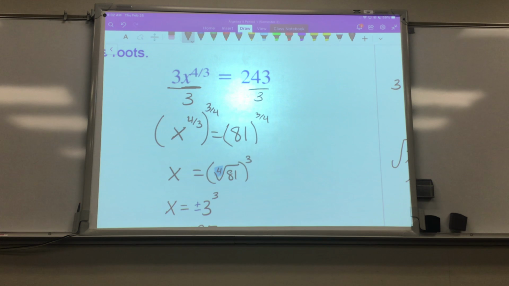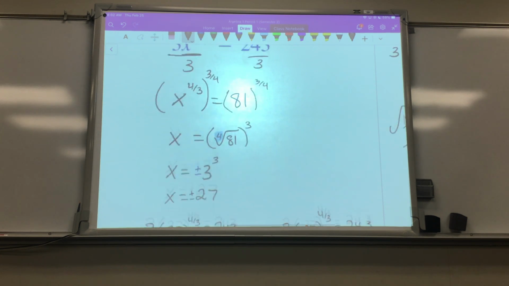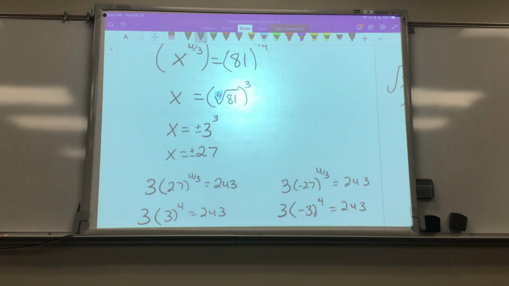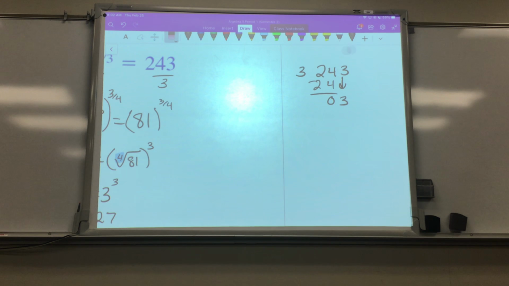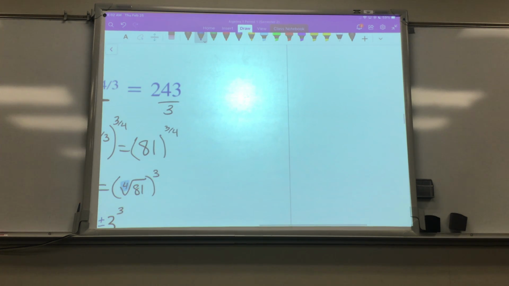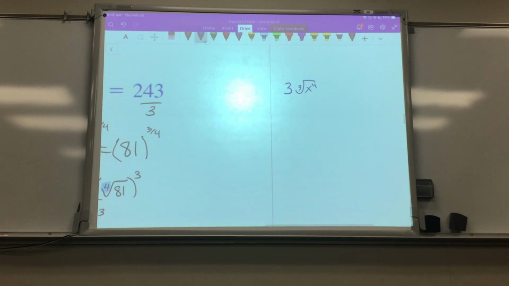So let's go ahead and change it to radical form. Again, if you're stuck in one form, you can always change it to the other, right? Okay, see if you can solve from there. So it'd be 3 cube root of x to the fourth, correct? Equals 243.